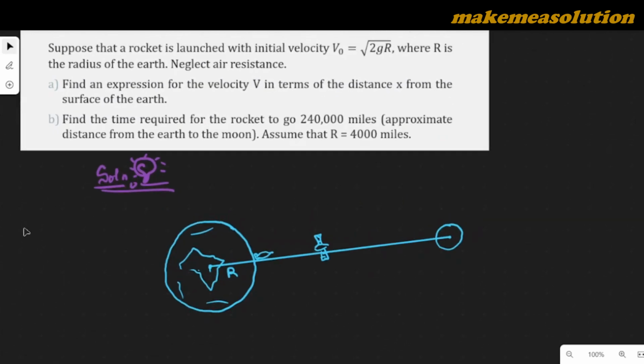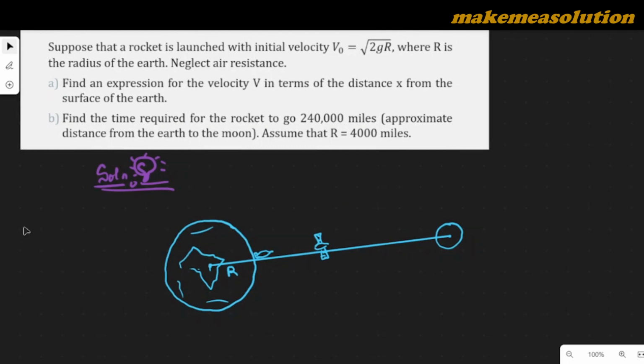Our objective: suppose this rocket is launched with v0 equal to root 2gr, where r is the radius of the earth, of course. We should neglect air resistance. Then we should find the expression for velocity in terms of the distance x from the surface of the earth.